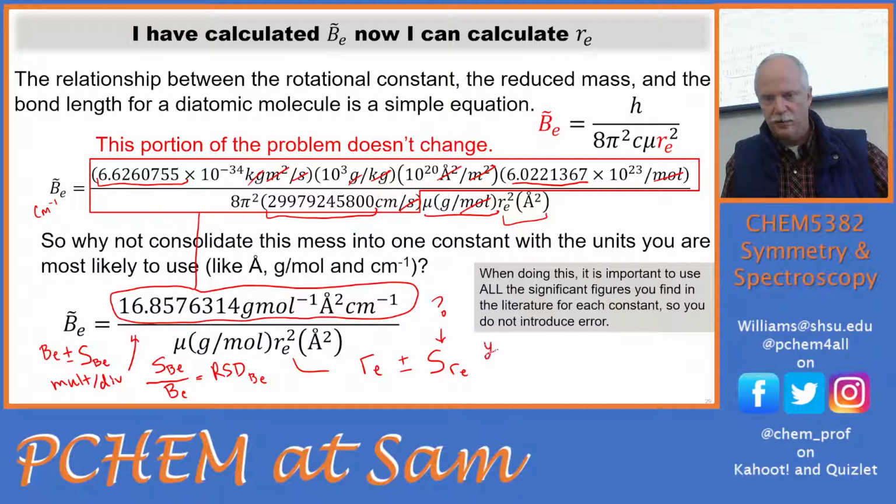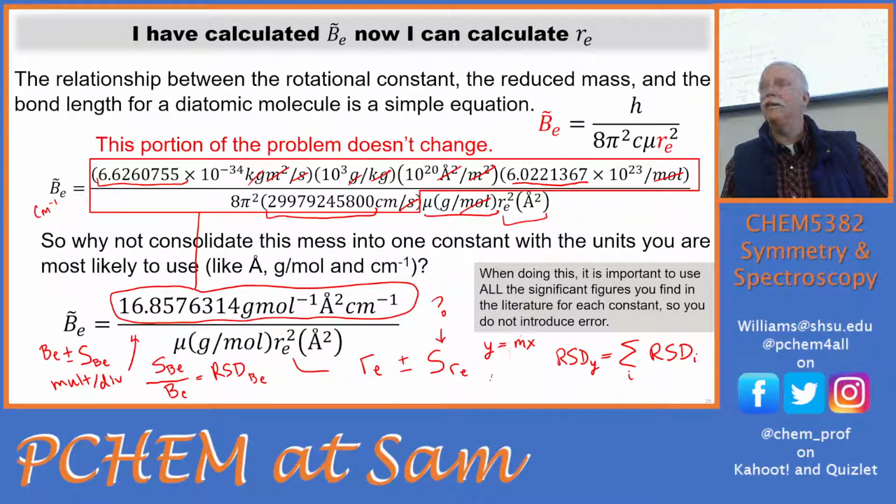I'll write it for, say, y equals m x. The RSD of y is equal to the sum of all the pieces inside my equation.